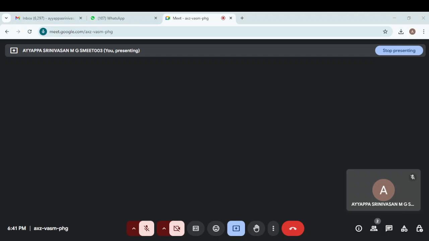So the gradient can be given by del, and del is given as dou by dou x ax vector plus dou by dou y ay vector plus dou by dou z az vector.